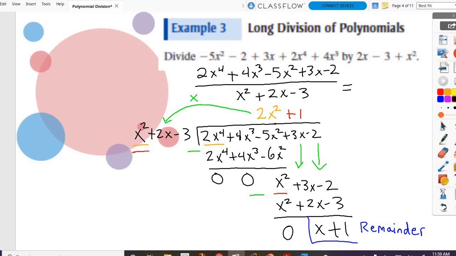Okay, so we're going to put our quotient first. So 2x squared plus 1. And then we want to add our remainder. So x plus 1. But we need to put it over our original divisor, which was x squared plus 2x minus 3.